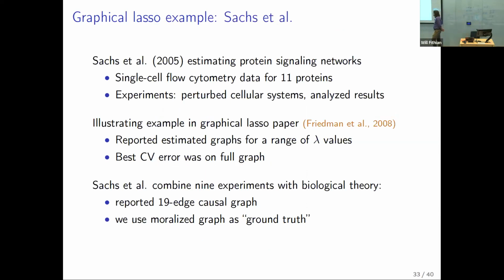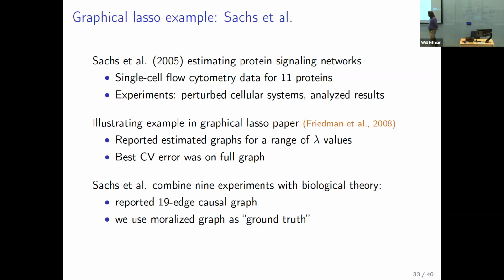Okay, so for a real data example, we go back to the graphical lasso example from Sachs et al. This is the example that was used in the original graphical lasso paper. Here, Sachs et al. were estimating protein signal networks, 11 proteins, and they had single cell flow cytometry data.